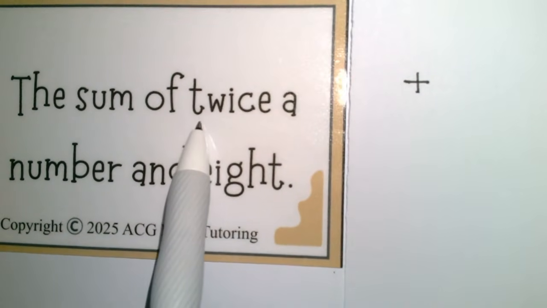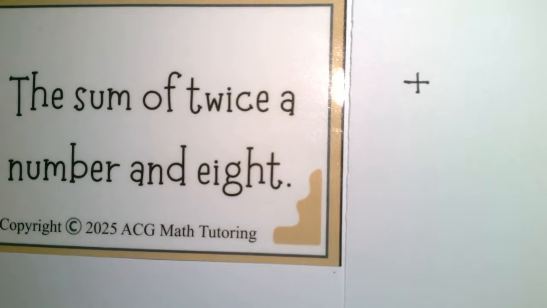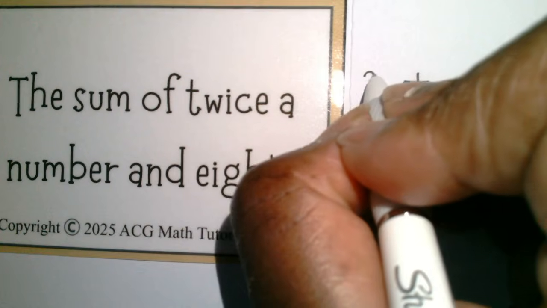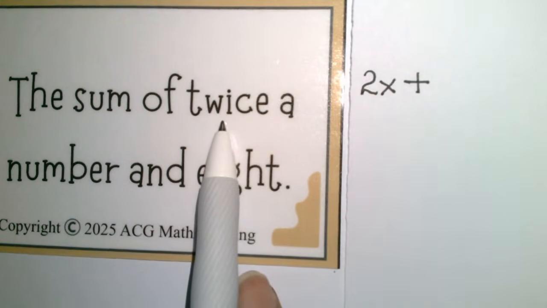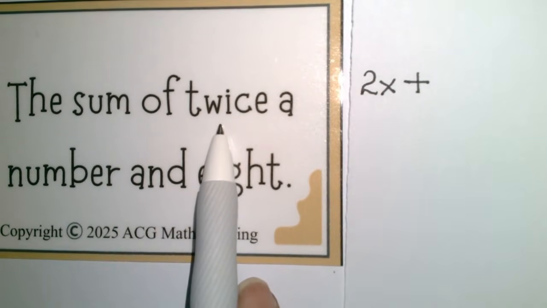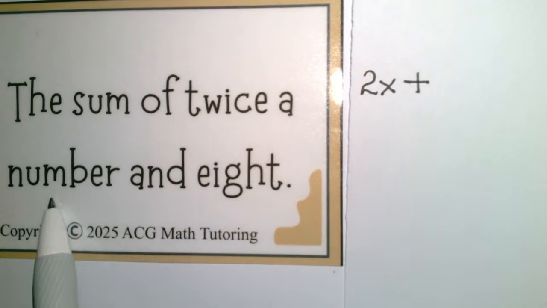Well, one of them is the next line, twice a number. If I don't know what that number is, that's going to be my variable. So if I'm doing twice a number, that means I'm doing 2x. Because when you're twice, that's 2 times the fun, right? You're multiplying by 2.